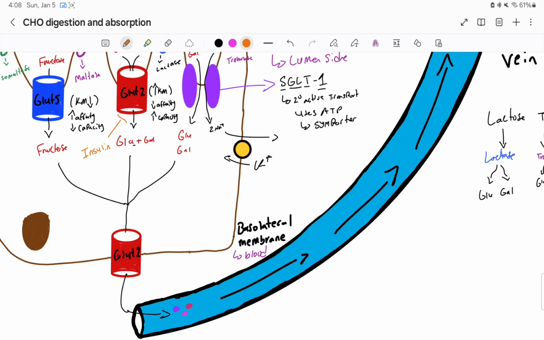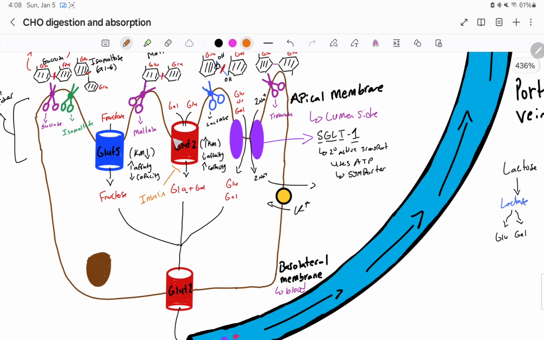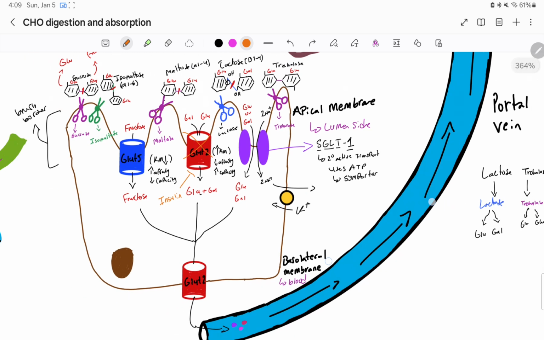That insulin will then come back to this apical membrane and tell this enterocyte, hey, you should probably get rid of this GLUT2 on this membrane now. Why? Because we already have glucose in the system, and I don't want you to absorb any more glucose. So it'll actually inhibit this transporter.